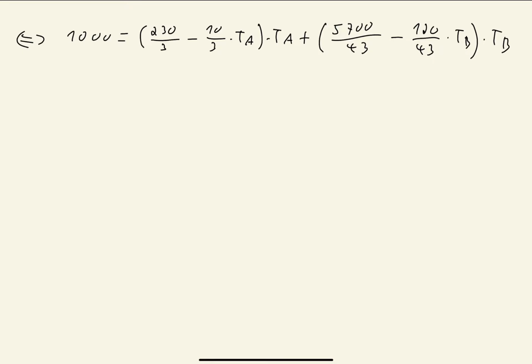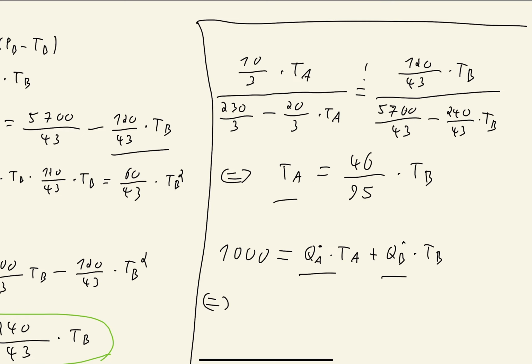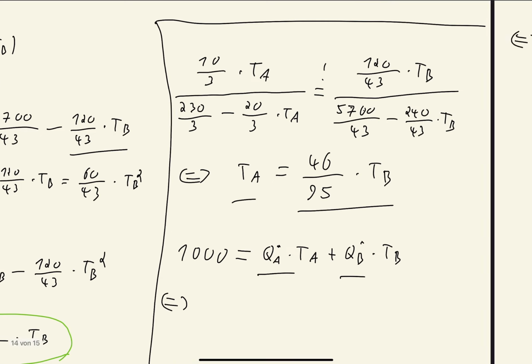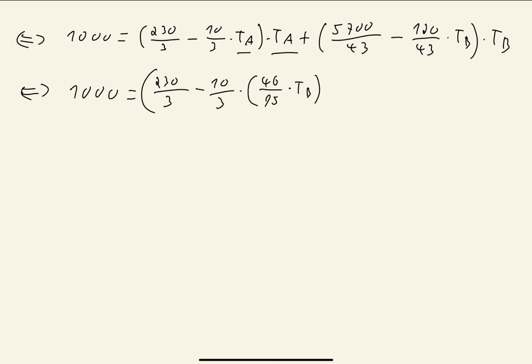And now we plug in for TA because we know that in optimum, TA is equal to 46 divided by 95 times TB. So if we plug this in, we get the following. So then we have 230 divided by 3 minus 10 divided by 3 times, now in parentheses, 46 divided by 95 times TB, times 46 divided by 95 times TB.